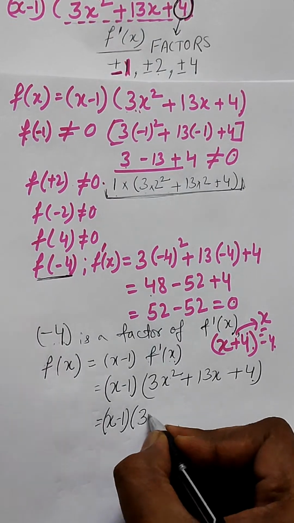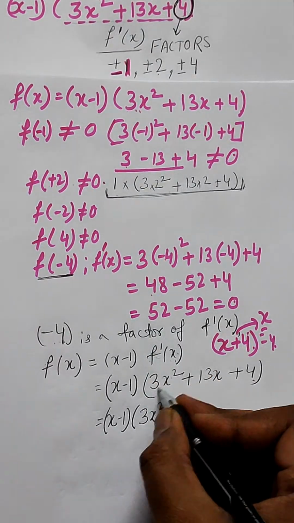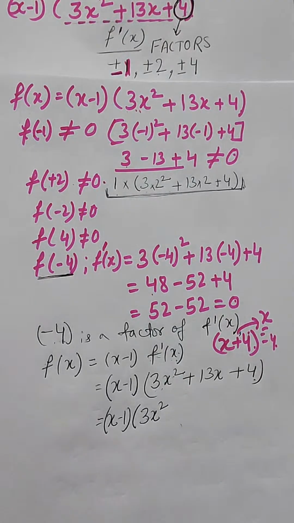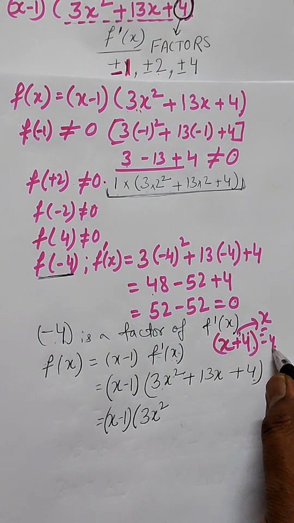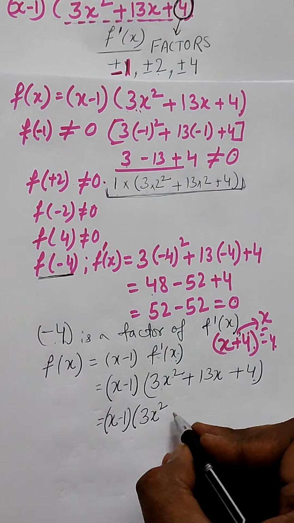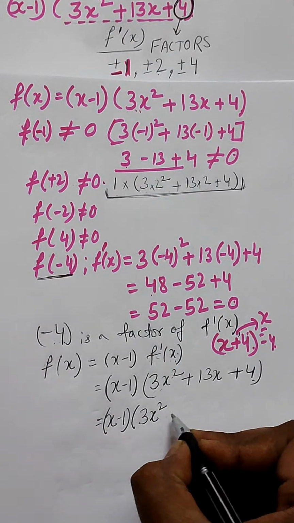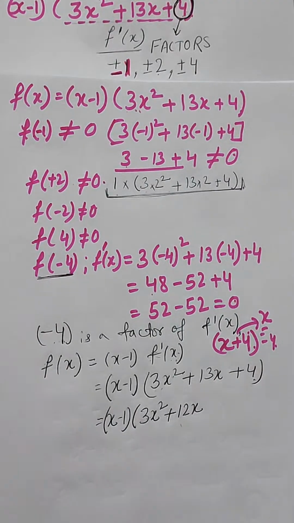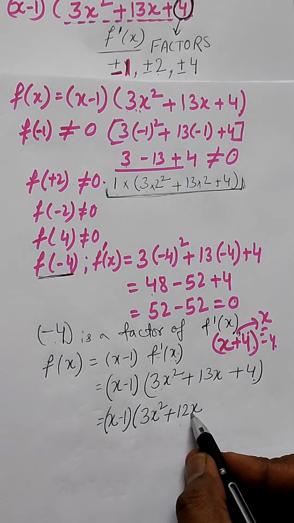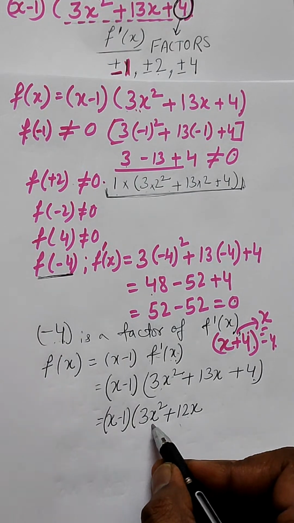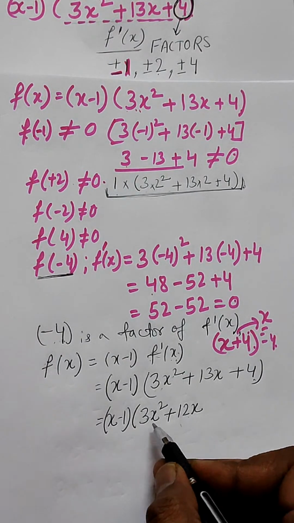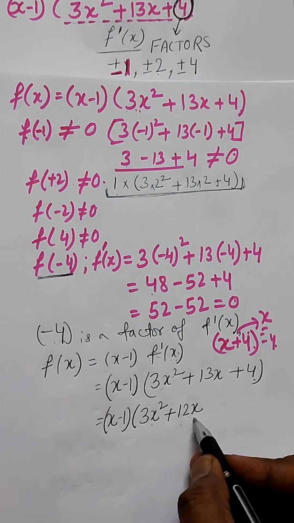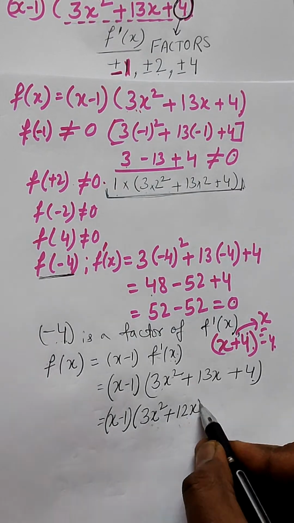3x square, write the first term as it is from f dot x, 3x square. Now you have to bring out 4. So we will add 12x. From these two terms, when you bring 3x common, we are left with x plus 4.